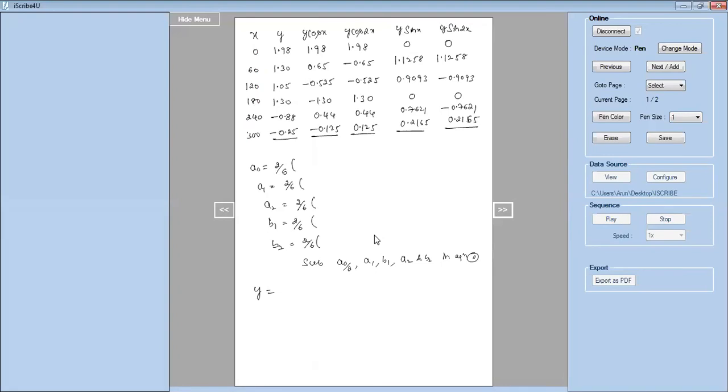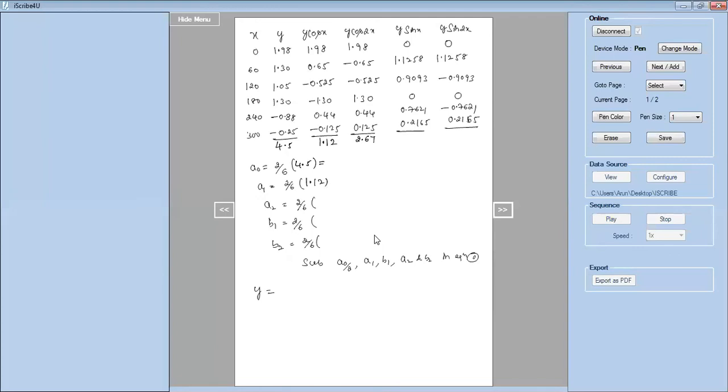Sir, sigma y is 4.5. 4.5, next. Y cos x is 1.12. 1.12, next, y cos 2x. 2.67. 2.67, okay.